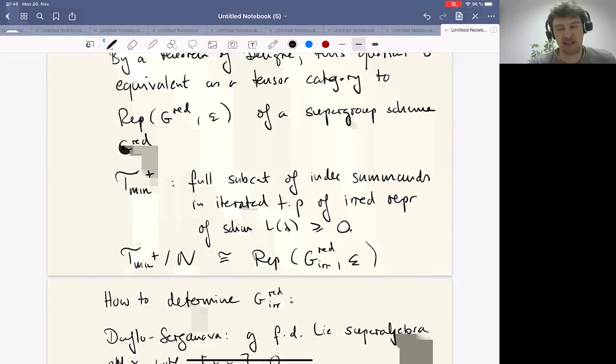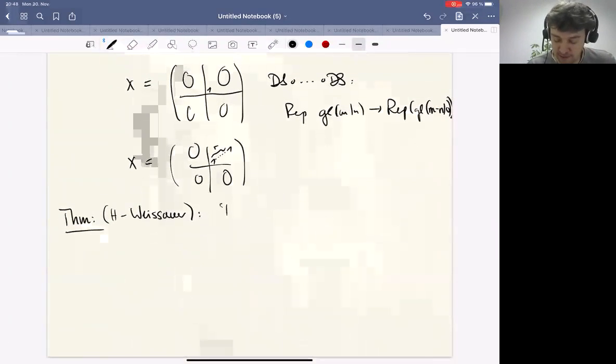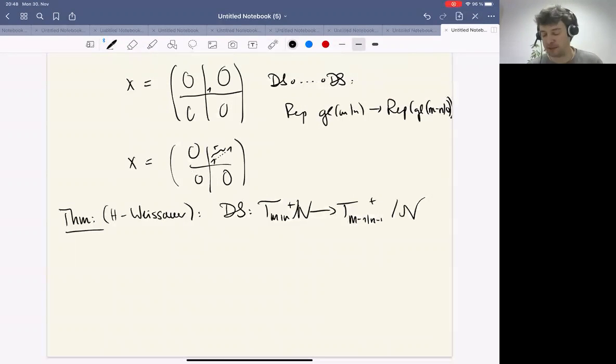And I want to understand its semi-simplification. And then DS induces a functor between the quotients, between the semi-simplifications. I'm working here with the case where I go down in one step, but the theorem would be true also for bigger steps.